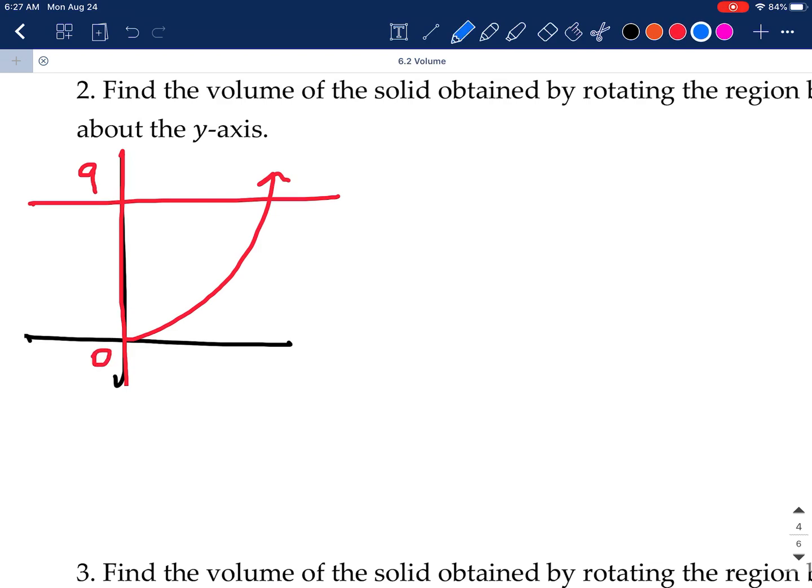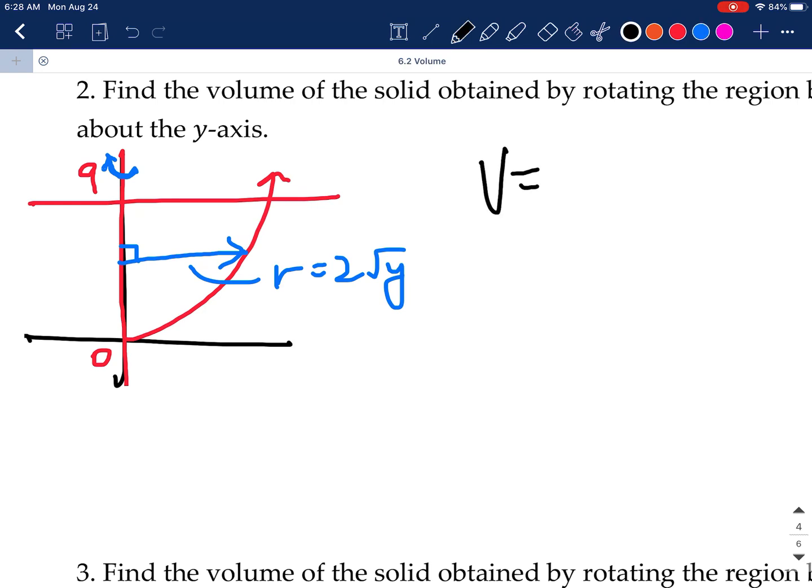Okay, so it looks like our region is going to be in here, and we're rotating about the y-axis. So again, we draw our cross sections perpendicular from the axis of revolution to our curves. So that's going to be our radius. Radius is equal to 2 root y.